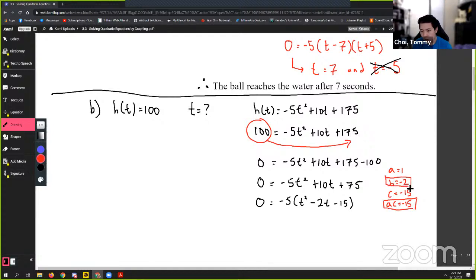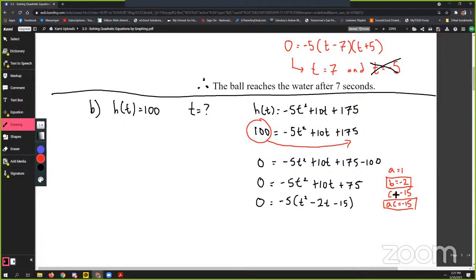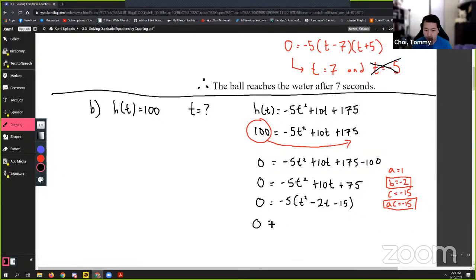Two numbers that multiply to negative 15 but add to negative 2. Negative 5 and 3 is correct. So negative 5 times 3 is negative 15. Negative 5 plus 3 is negative 2. So we're going to get t minus 5, t plus 3, which means the answers that come out of it are the opposite signs. So t equals 5 and t equals negative 3.